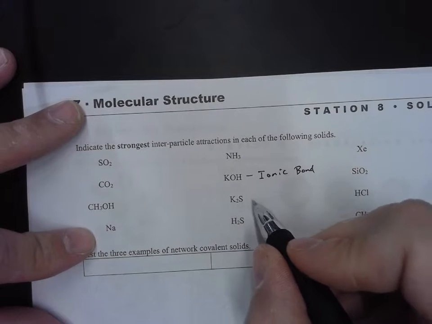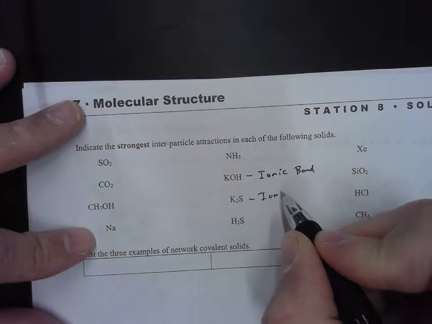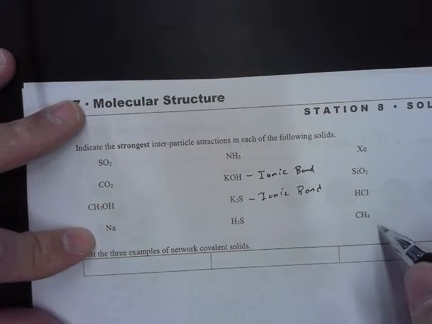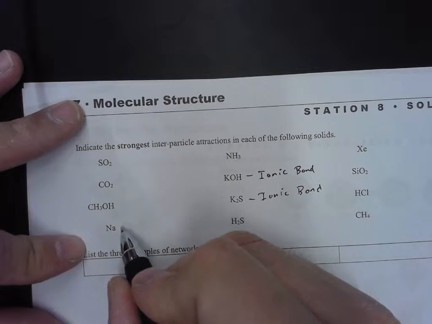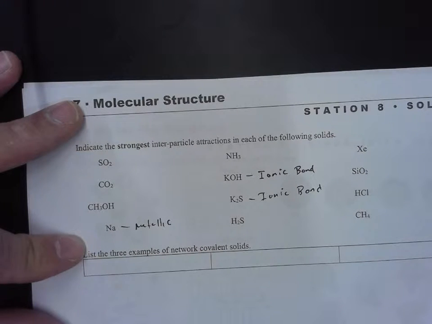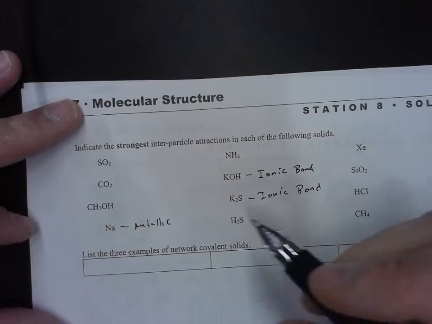K2S. Ionic bonds. Sodium, just straight up metallic. Okay, we've done that.